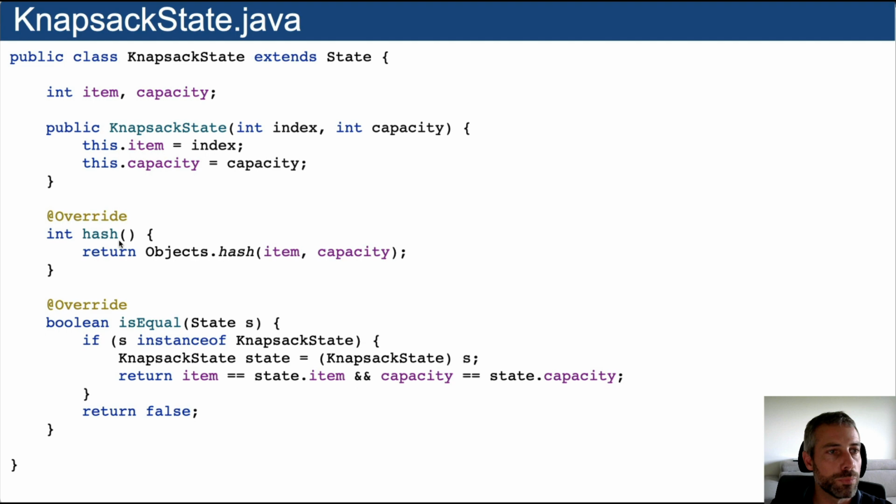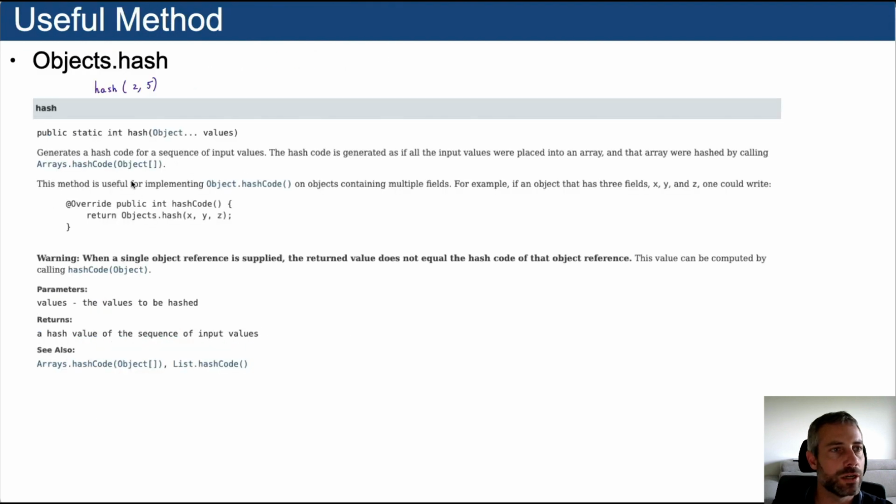And to compute the hash, well, we could do it ourselves, but we rely here on the hash function that is available in Objects. Okay, so you can compute the hash of a set of objects here, and we give here the successive integers that compose our state, so the index of the item and the corresponding leftover, so the remaining capacity.